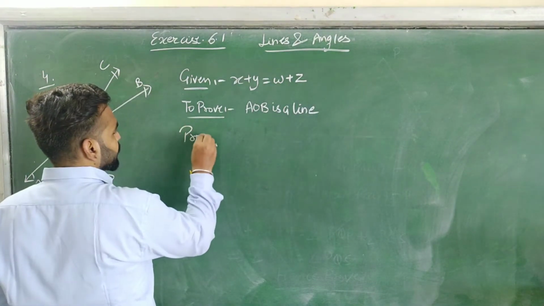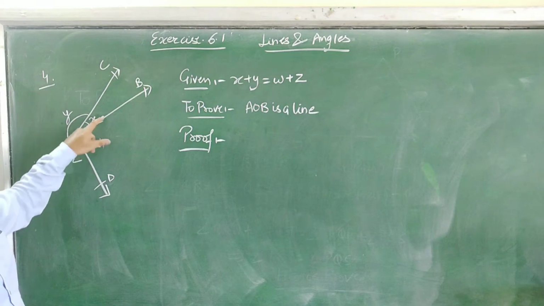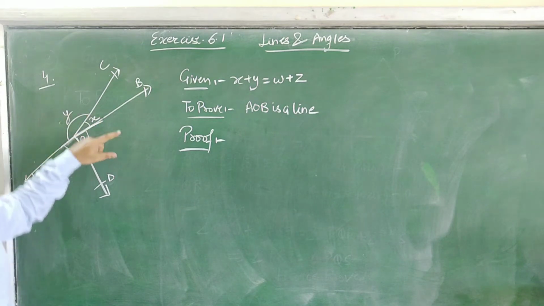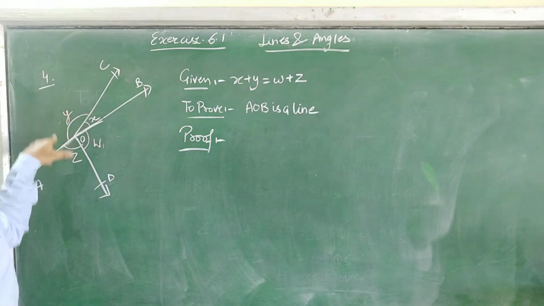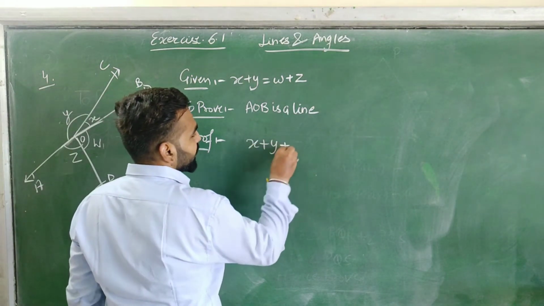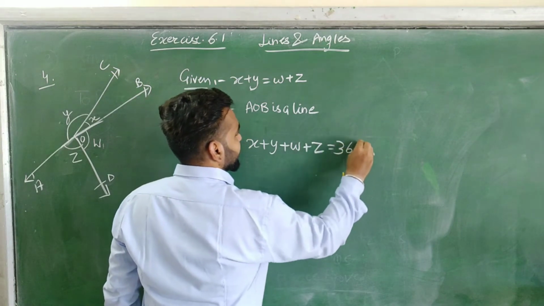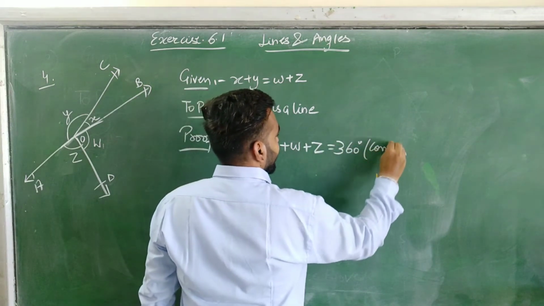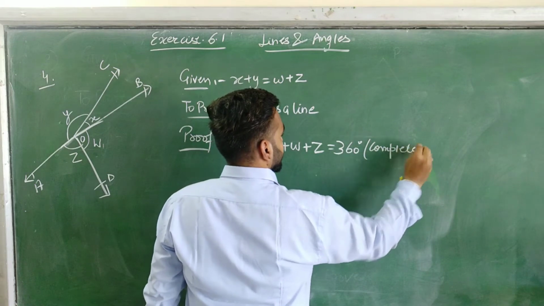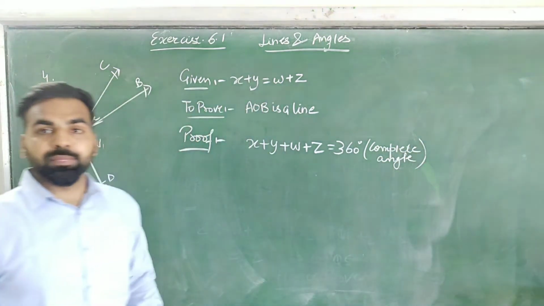So prove. First of all, these are 4 angles X, Y, Z, W, and they form a complete angle. So if I add all the angles X plus Y plus W plus Z, this is equal to 360 degrees, a complete angle. Clear?